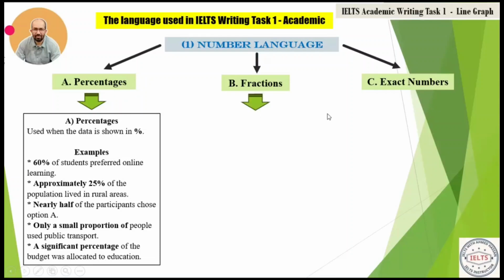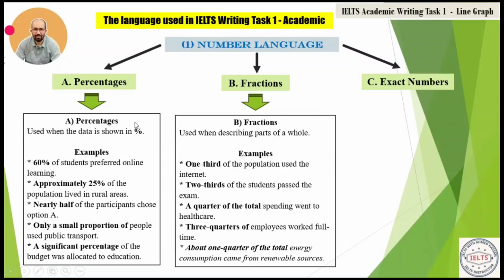Secondly, fractions. Who can read? Example: 1/3 of the population used the internet. 2/3 of the students passed the exam. 1/4 of the total spending went to healthcare. 3/4 of employees worked full-time.